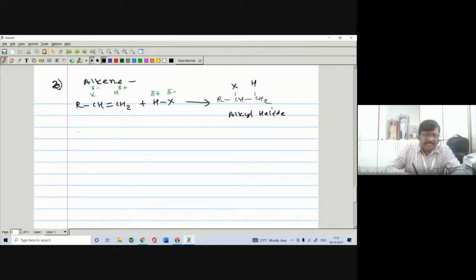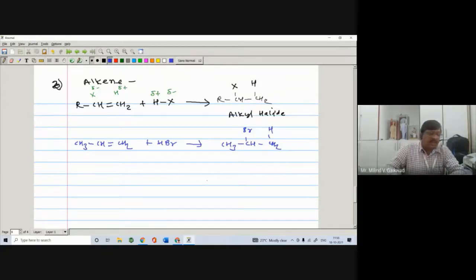Just take one more example. Suppose R CH double bond CH2 is treated with HBr. The negative part, Br, will attack the CH carbon, and hydrogen will add on the CH2 carbon, and you are getting the 2-bromo compound.